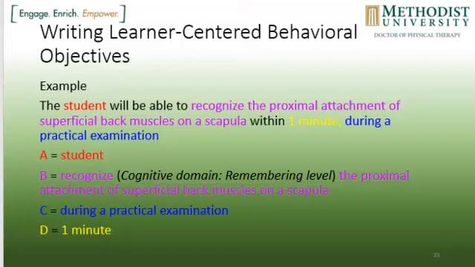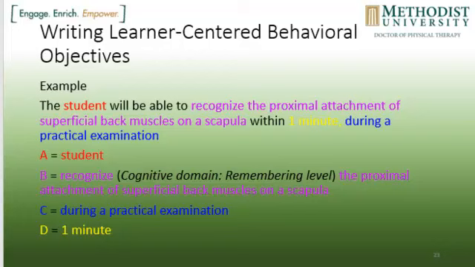So we are worried about what the student will be able to do. Behavior. And so this is a cognitive domain. It's low level, they can recognize, it's the remembering level, they can recognize the proximal attachment of the superficial back muscle on the scapula, the condition during a practical examination, and the degree is within 1 minute. You don't always have to go in order.